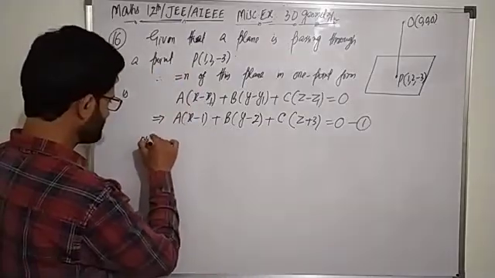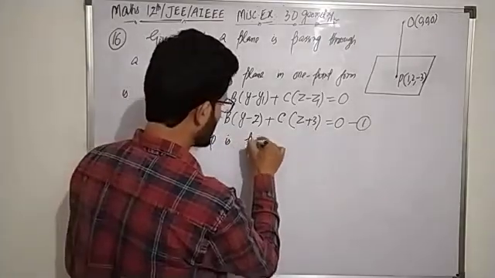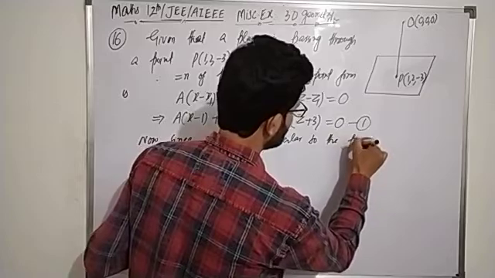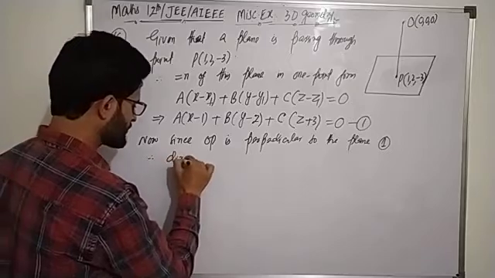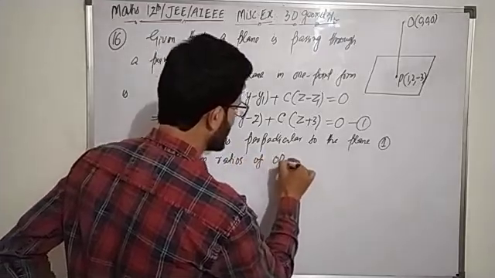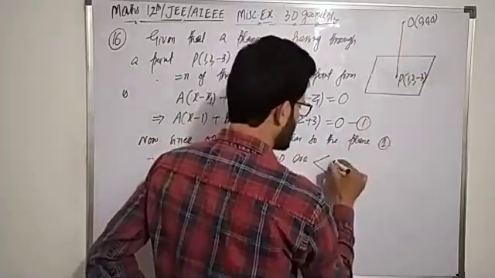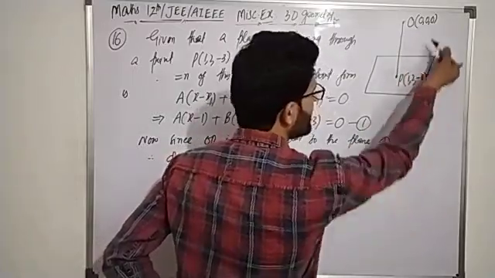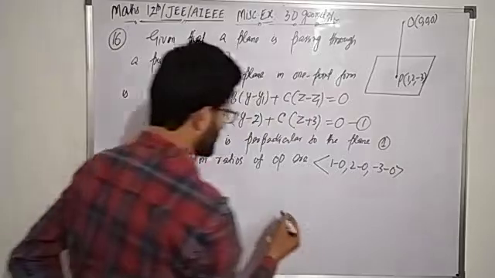Now since OP is perpendicular to the plane first, therefore direction ratios of OP are, तो क्या बनेंगे OP के डायरेक्शन रेशियोज x2 minus x1, that is 1 minus 0, y2 minus y1, that is 2 minus 0, z2 minus z1, that is minus 3 minus 0. तो क्या बनेंगे डायरेक्शन रेशियोज?